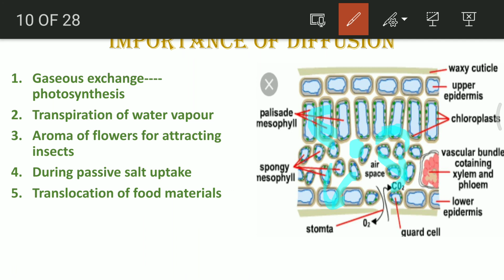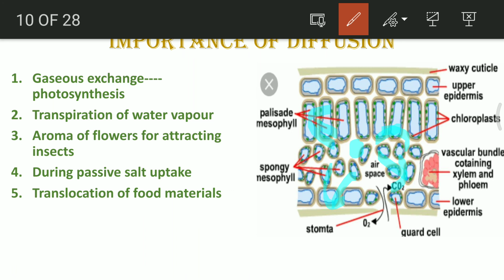Next is aroma of flowers. In order to attract the pollinators, the flowers have presence of very beautiful smell. This smell is like a perfume, and it can be distributed throughout the area over where the flowers are present, and the pollinators can smell it and go near them.